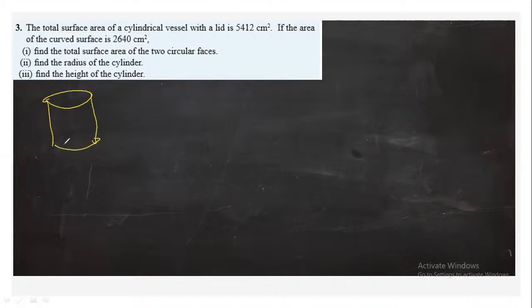In this cylindrical vessel, the total surface area with the lid is 5,412 square centimeter. Curved surface area, it means how much? 2,640 square centimeter. First part, find the total surface area of the two circular faces.